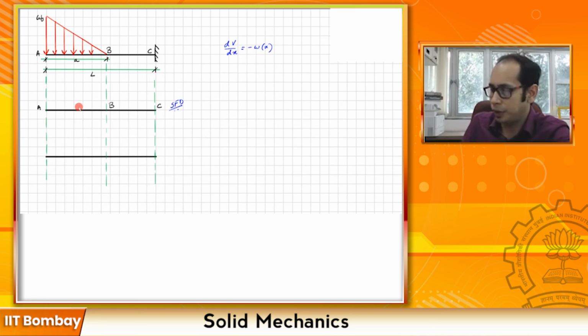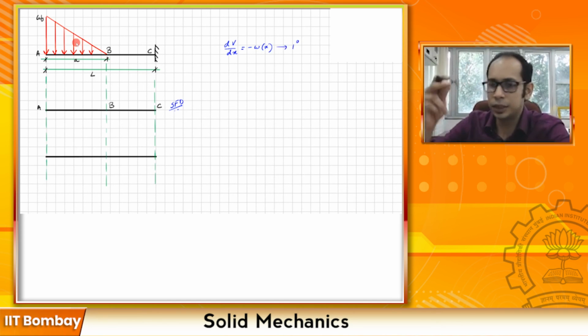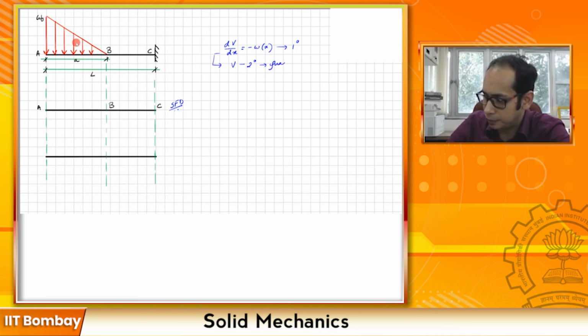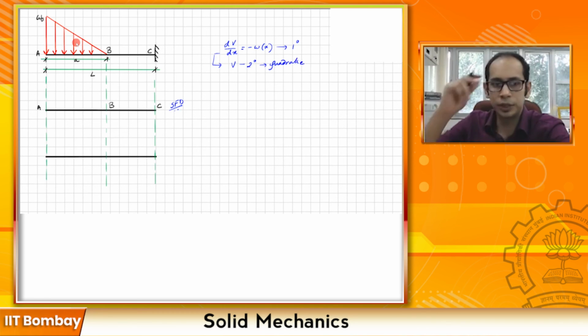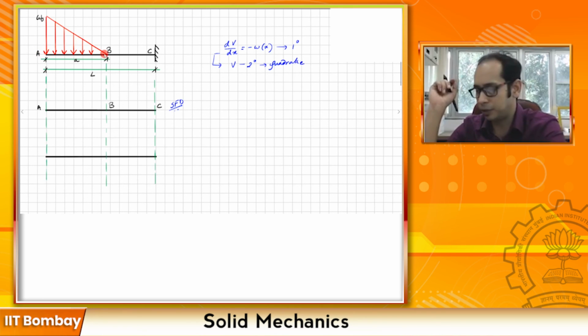This is the general form of the equation, and so that tells you that in this particular problem, w is of degree 1, because it's a linearly decreasing load. So that again tells you that V must be second degree, that is, it must be quadratic. So as long as the load is present, from A to B, you will have a quadratic variation of the shear force diagram.